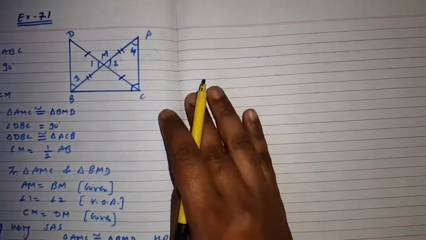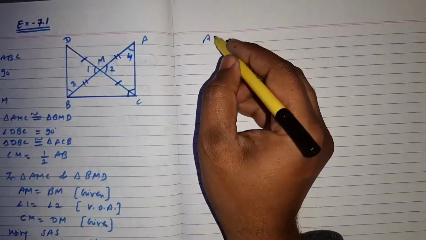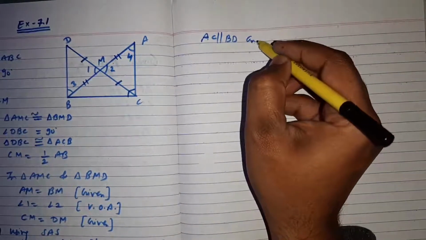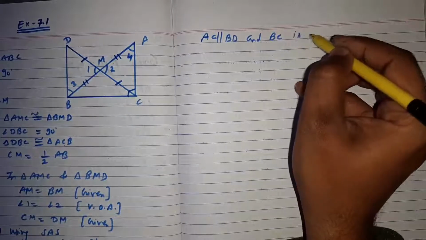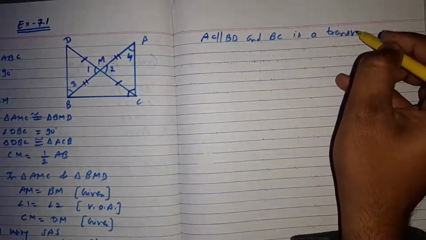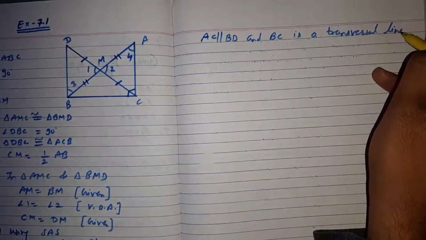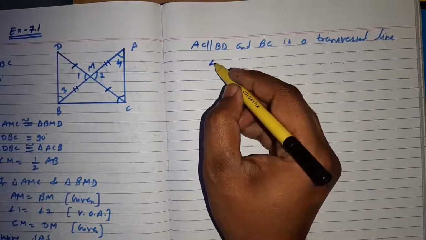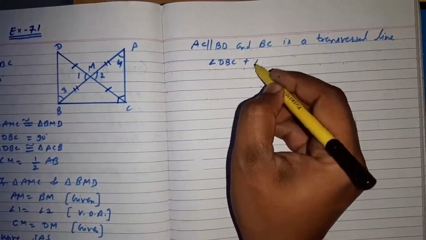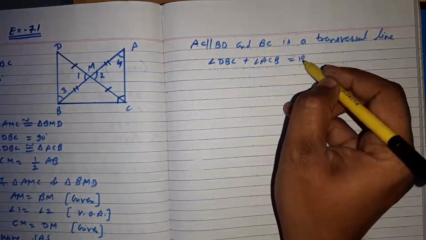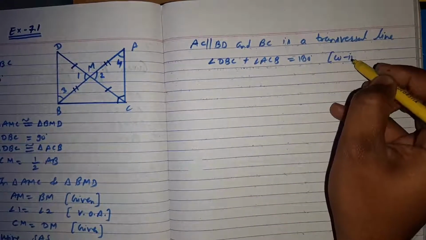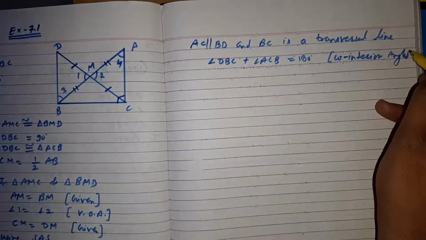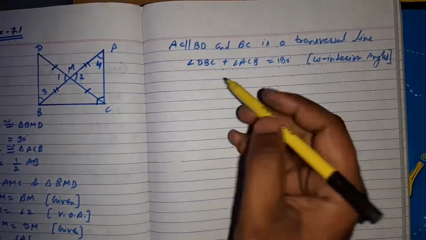Okay, now we will write AC is parallel to BD and BC is a transversal line. Okay, so angle DBC plus angle ACB is equal to 180 degree, co-interior angles, or you can say angles on the same side of the transversal.